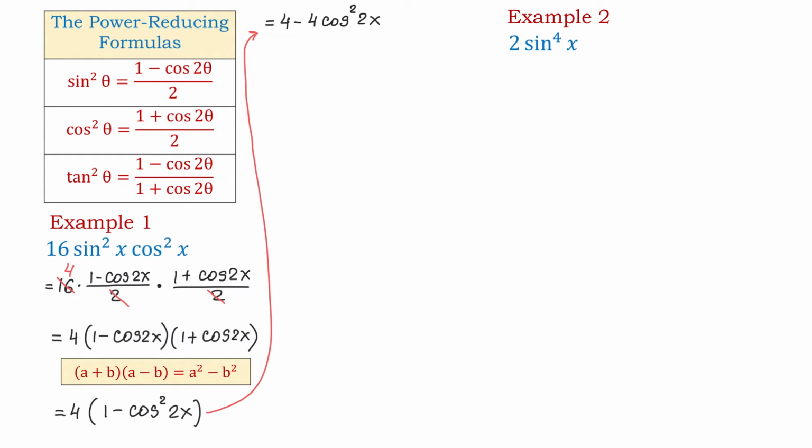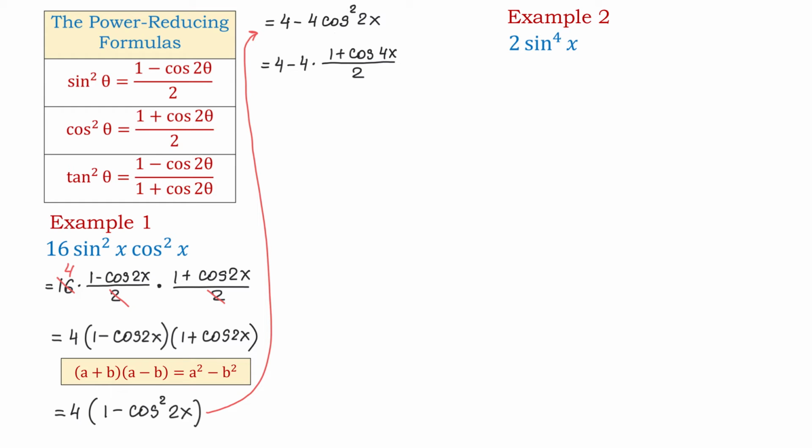And we have to remember to double the angle. So if this angle is 2x, now this one will be 4x. So let's bring down 4 minus 4 times fraction. Then here we will write 1 plus cosine of 4x over 2. So we reduced the power and doubled the angle.